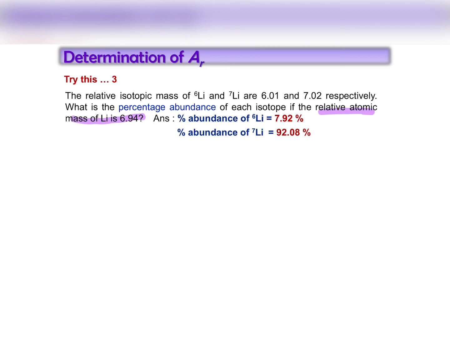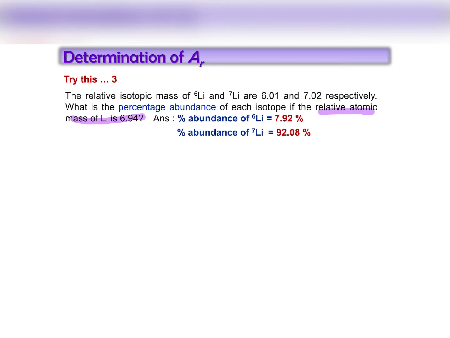Now let's have a look at example 3. So the relative isotopic mass of lithium 6 and lithium 7 are as follows. This is for lithium 6 and this one for lithium 7. Okay, so what is the percentage abundance of each isotope? Lithium 6 and lithium 7, what is their percentage abundance in the form of percentage.